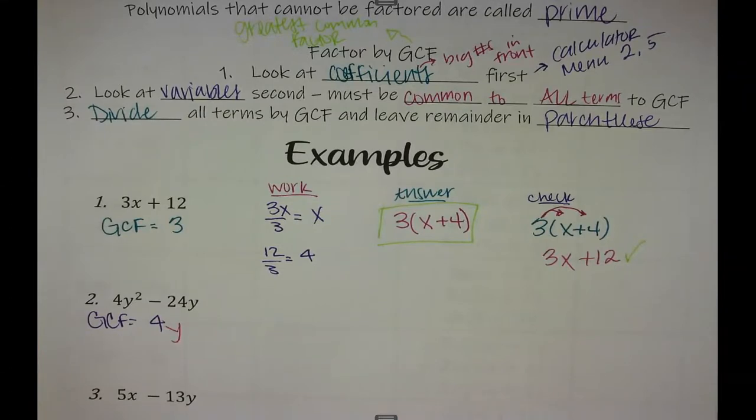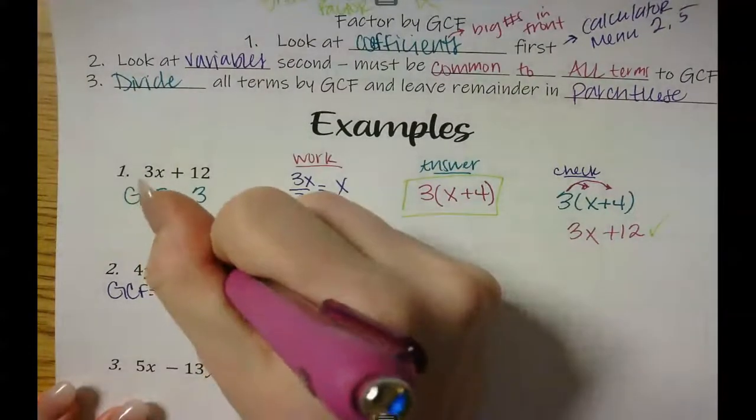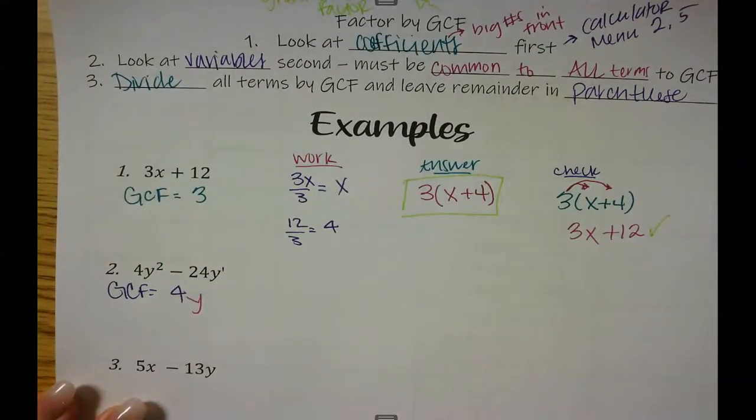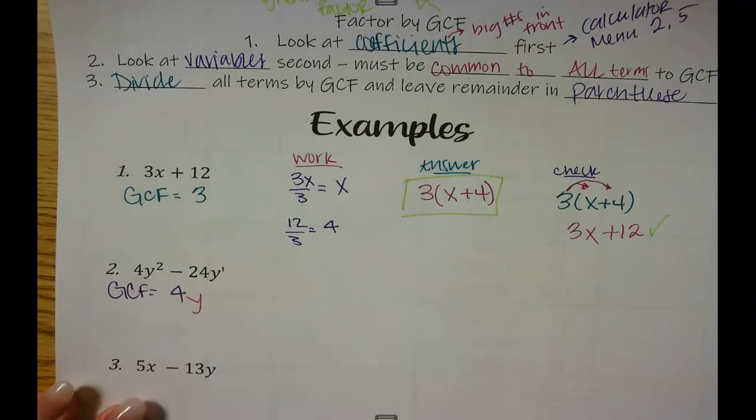How do I know how many y's there are? I take the one with the least number up here. So remember, this number is 1. The least number is 1. So I've got 1 here, so I'm going to have 1 here. It's okay that I have another 1 here.